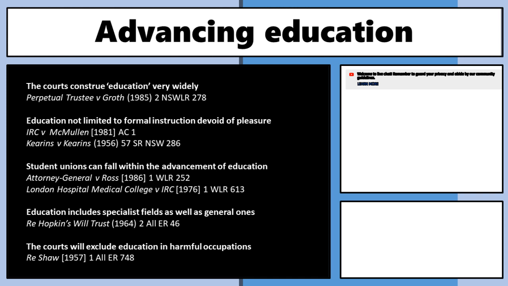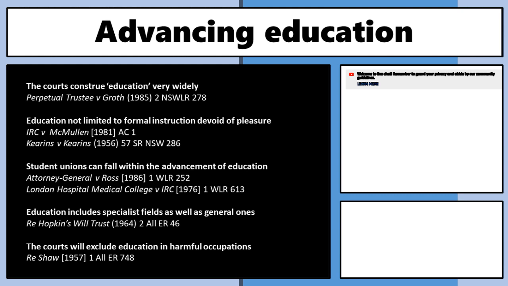And this second part was efforts to change the law. That's a political purpose. And political purposes cannot be charitable in common law and equity. So that's how that was construed.